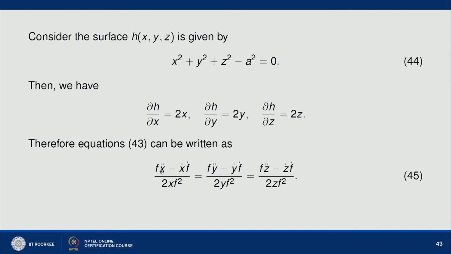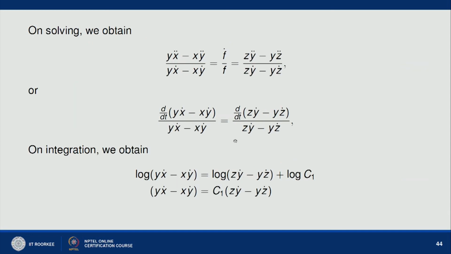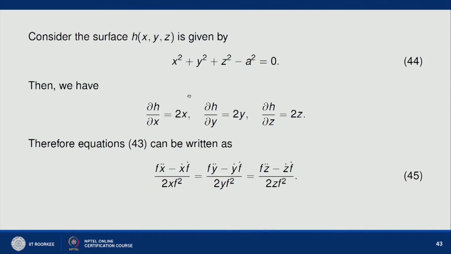So here we have (f x double dash minus x dash f dash) divided by 2x f square equal to (f y double dash minus y dash f dash) divided by 2y f square. In fact, it is symmetric with respect to x, y, z. So once we have it for x dash, you can similarly evaluate for the y and z components. Now you can further simplify this.